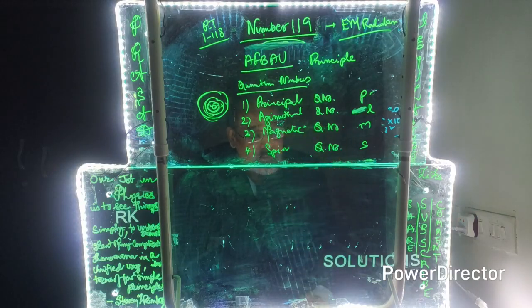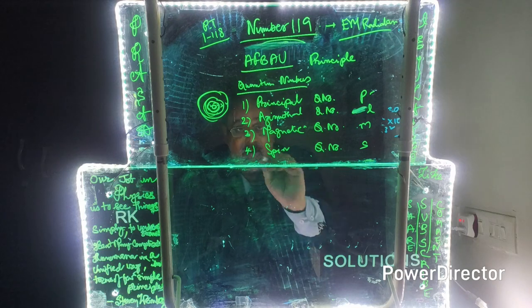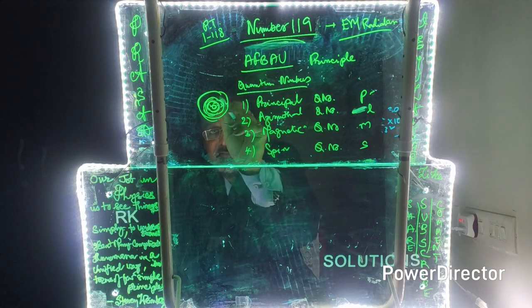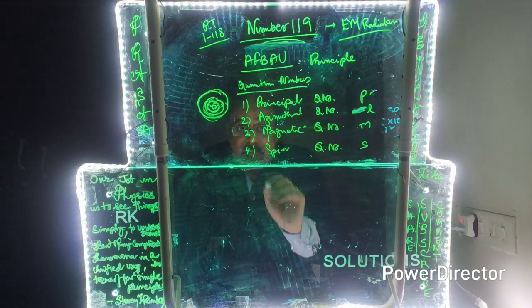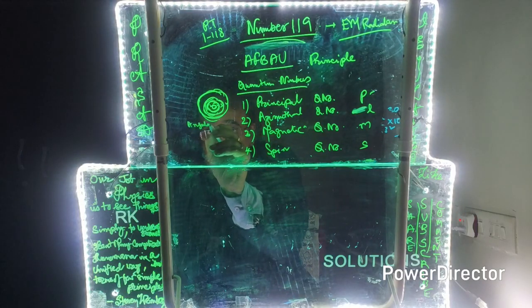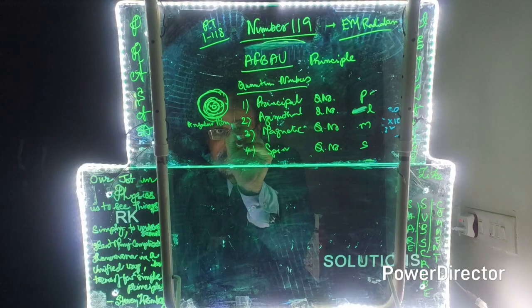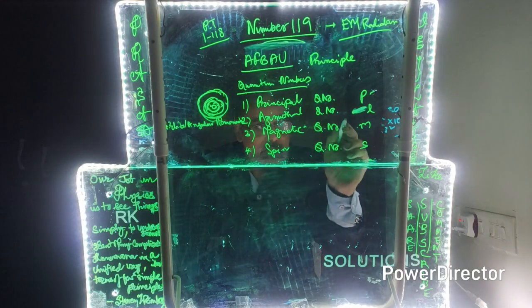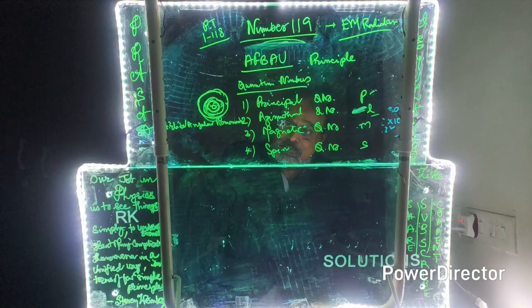Azimuthal quantum number gives you the orbital angular momentum. When electrons are spinning around the nucleus, the orbital angular momentum is given by the azimuthal quantum number.